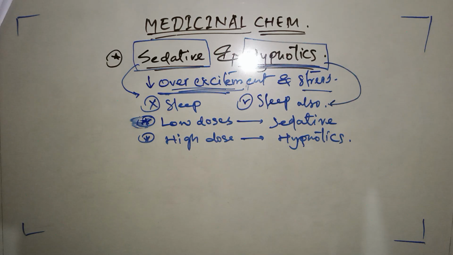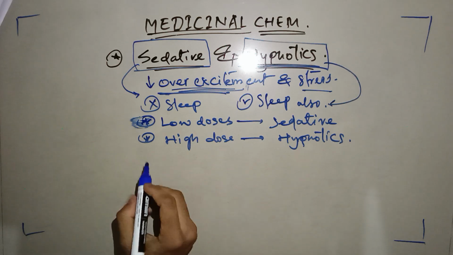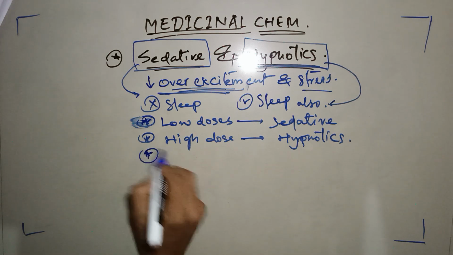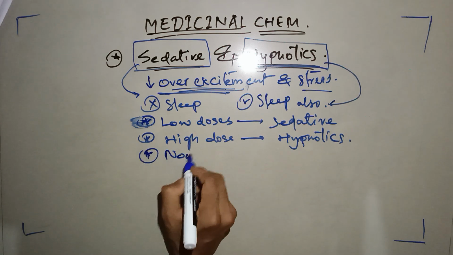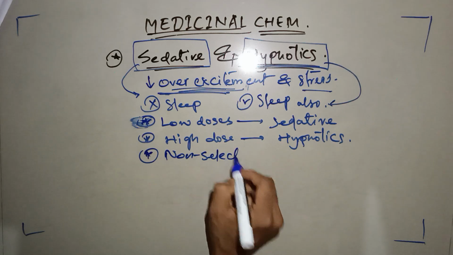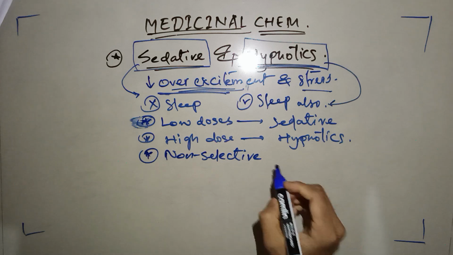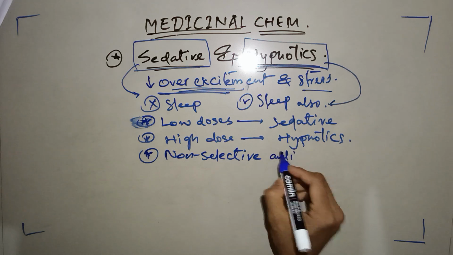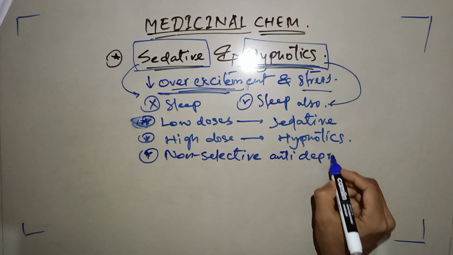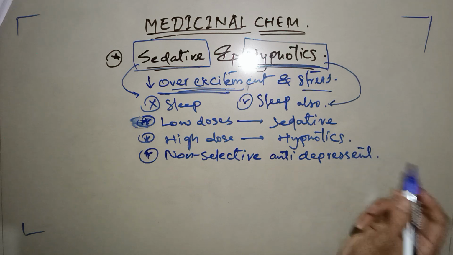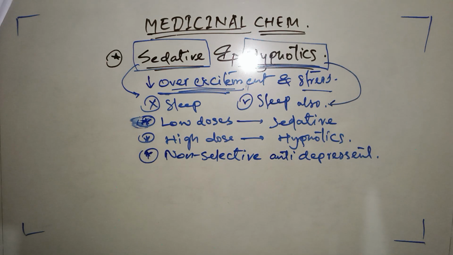Okay, this drug acts as a non-selective central nervous system depressant. Now we are going to learn about the SAR of barbiturate.